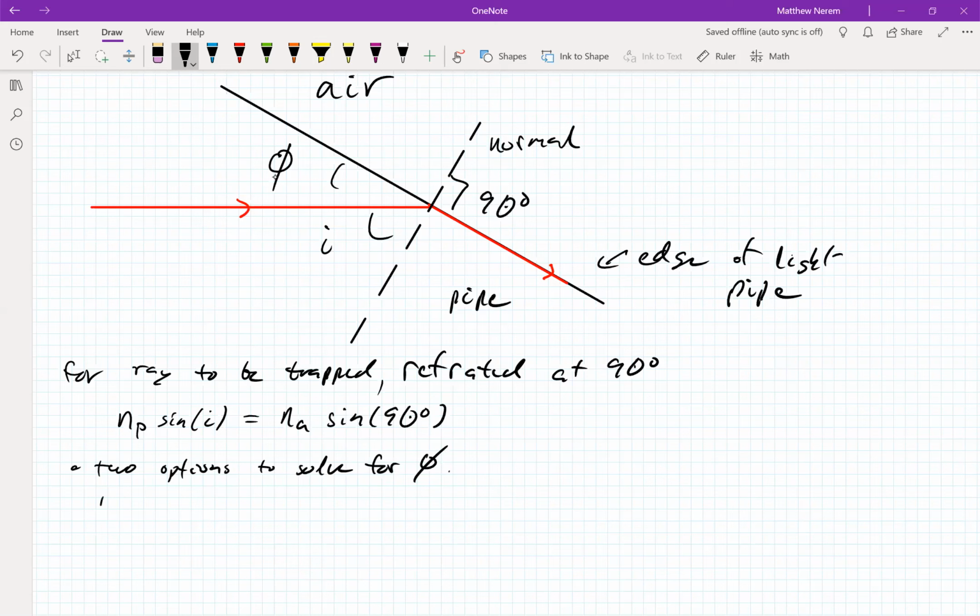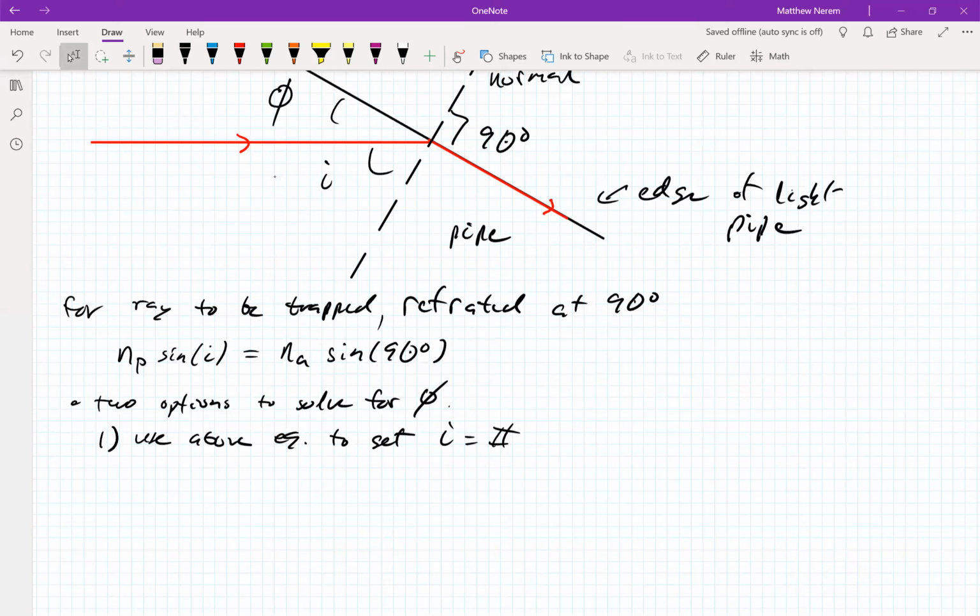Option 1: use the above equation to get what I equals, and it'll be some number. I didn't calculate it. Then use geometry. You get phi.